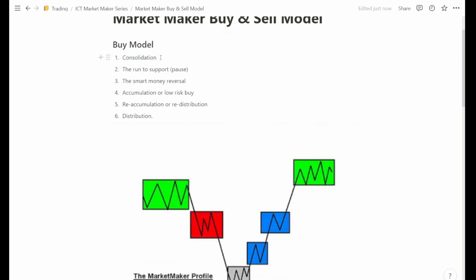So when you see that initial consolidation, that consolidation will happen just before it gets to an important level. For example, if there is a fair value gap or an order block that you are watching, you want to go long, and then price consolidates before getting to that fair value gap or order block, or it could be an optimal trade entry.